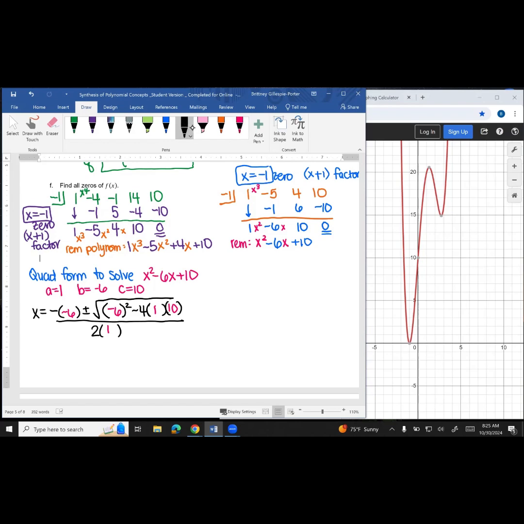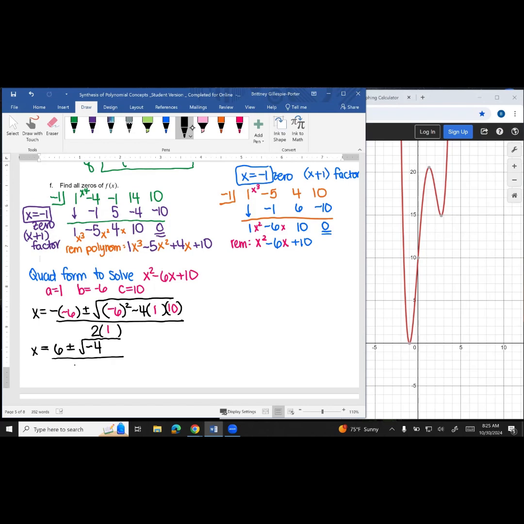Let's go ahead and start simplifying. Negative 6 gets us positive 6, plus or minus. And when you put the entire radicand into your calculator, make sure that you put the parentheses around the negative 6. So when you take negative 6 squared minus 4 times 1 times 10, you should get negative 4, because you have 36 minus 40.